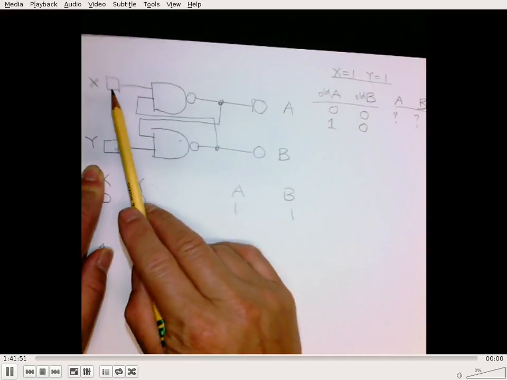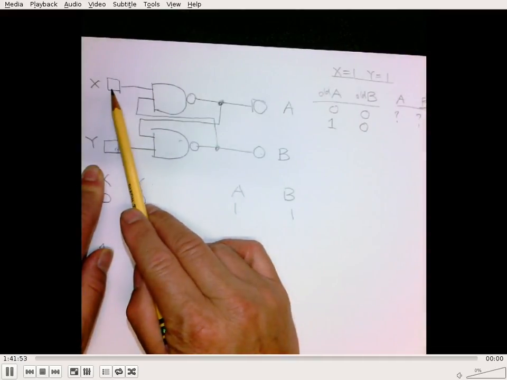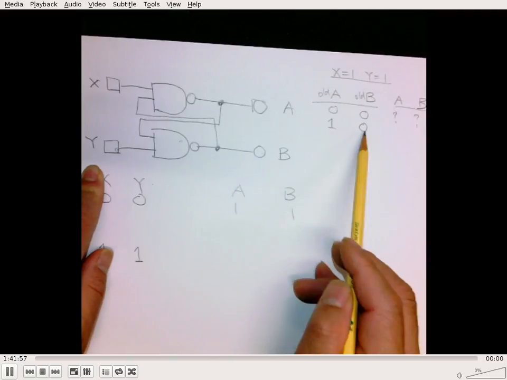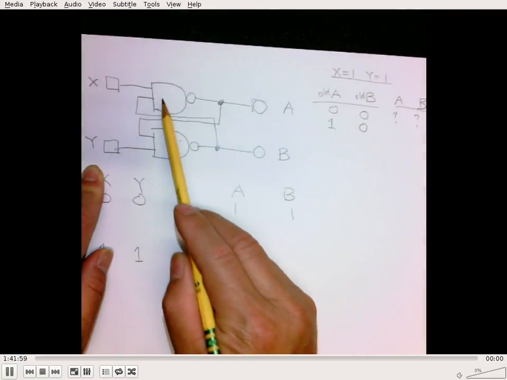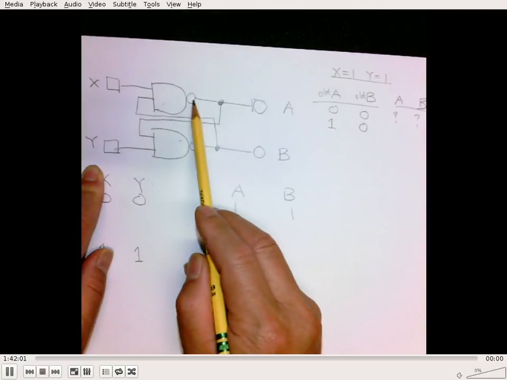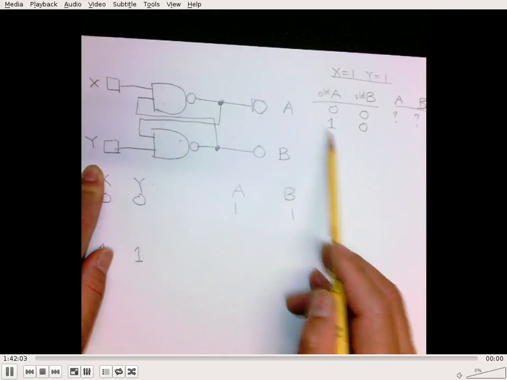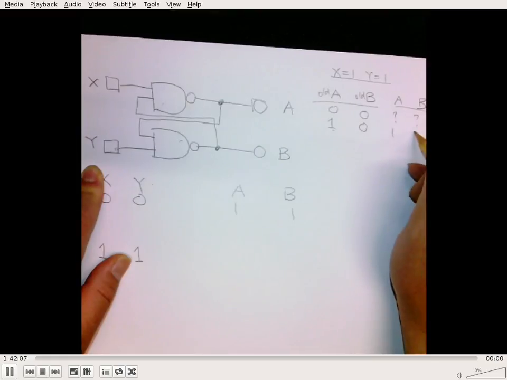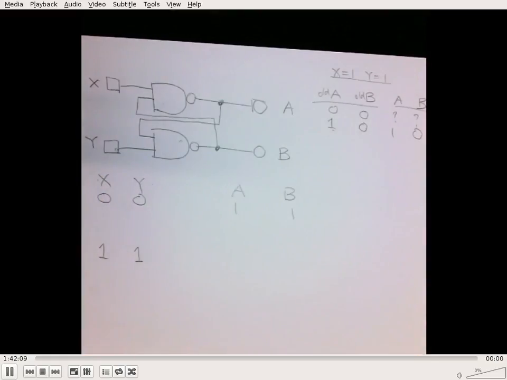X is a 1 to begin with. B was a 0 to begin with. 1 and 0 is a 0, but you negate it, so A is going to be a 1. But A was a 1 already, so there's no state change. A maintains its state as 1, B maintains its state as 0.